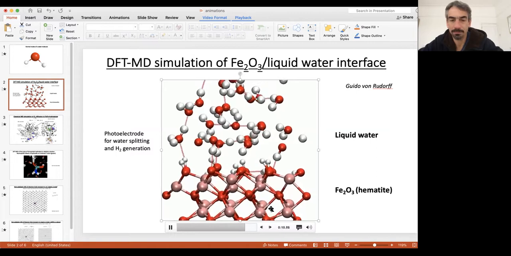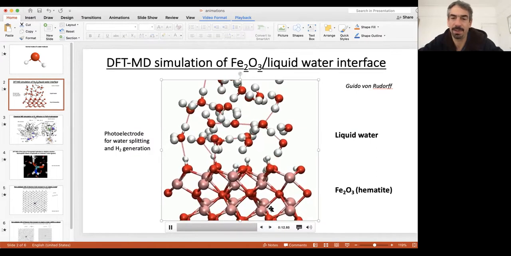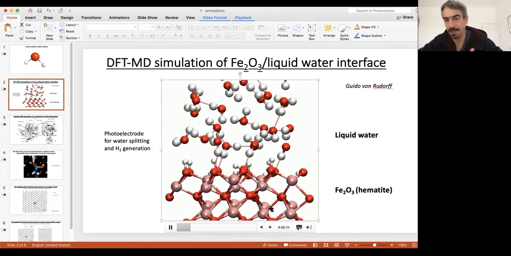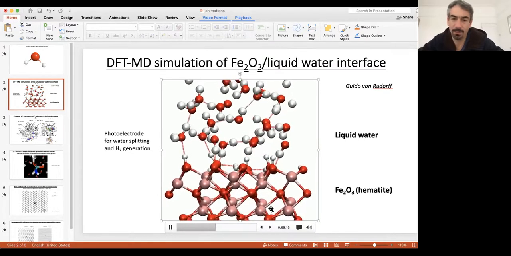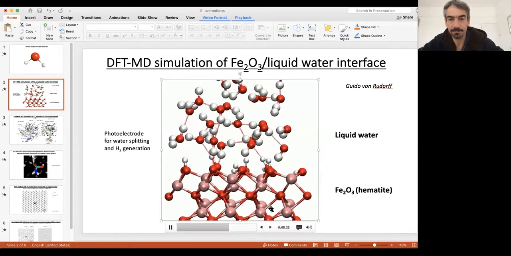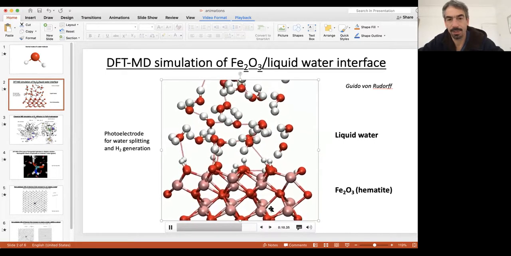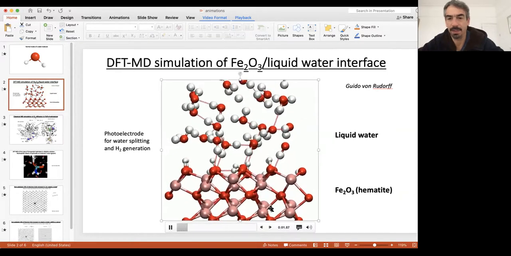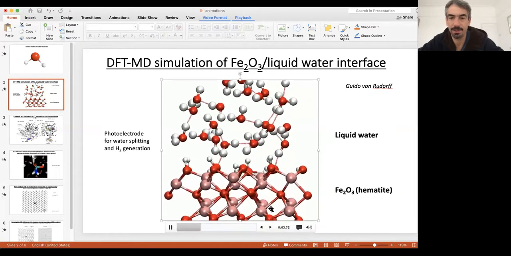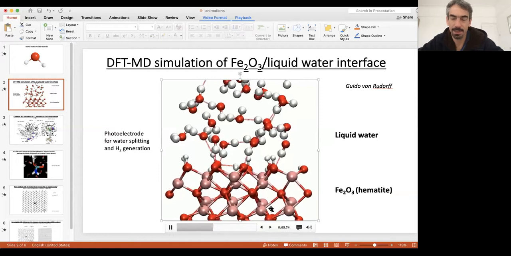The only thing that you see here on that time scale is the dynamics of hydrogen bond formation and breakage of these hydrogen bonds. But on that time scale, there are no chemical reactions that you can see.